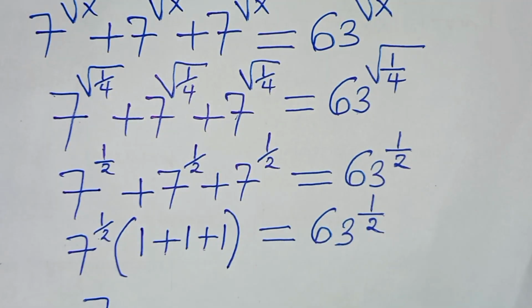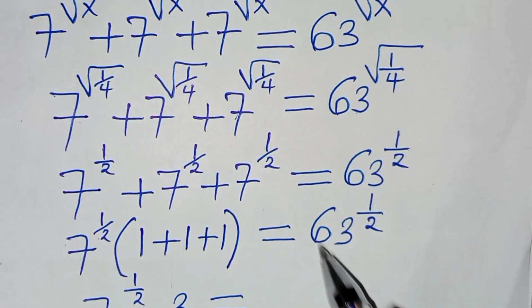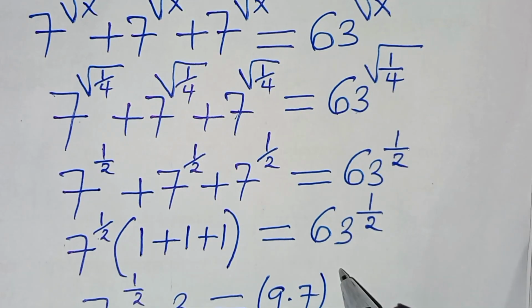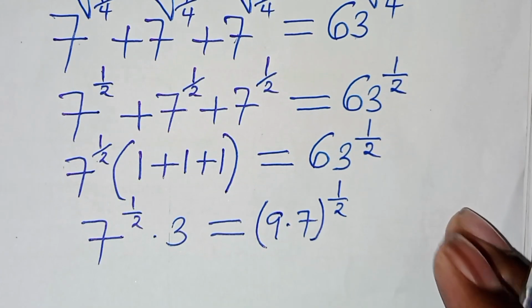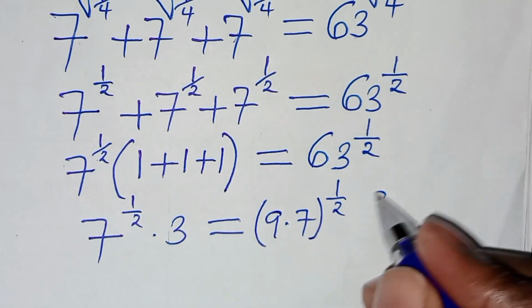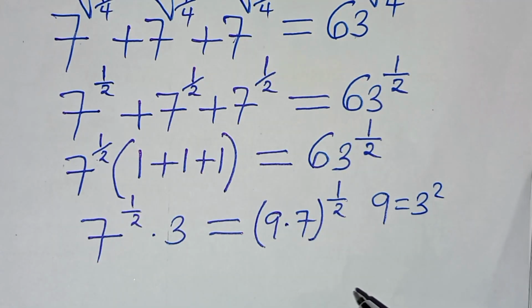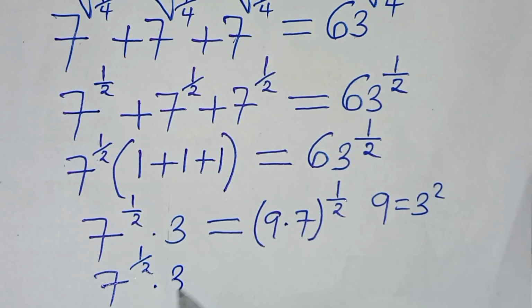So this is 7 raised to the power half times 3. This is equal to, now we can express 63. 63 is the same thing as, we've seen, 9 times 7 raised to the power half. So we can express 9 as 3 to the power 2. So this means that here we have 7 raised to the power half times 3.